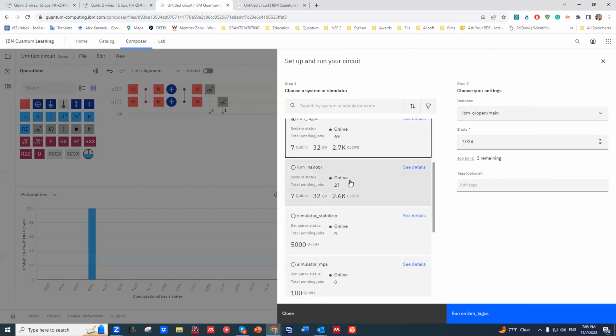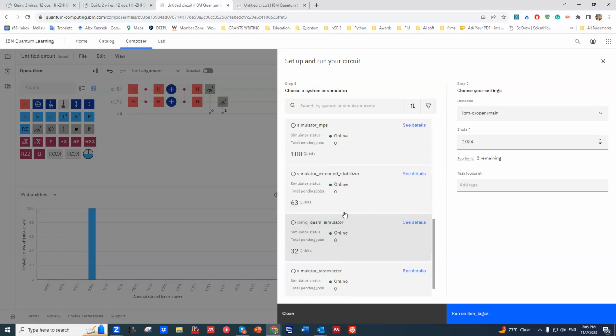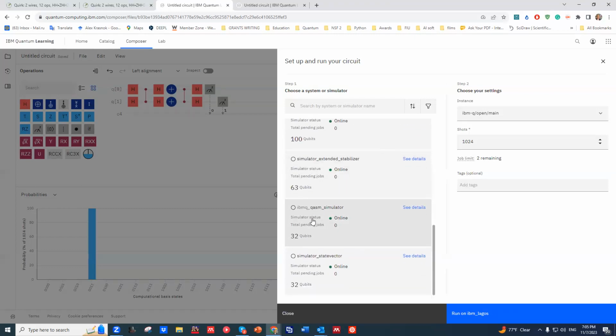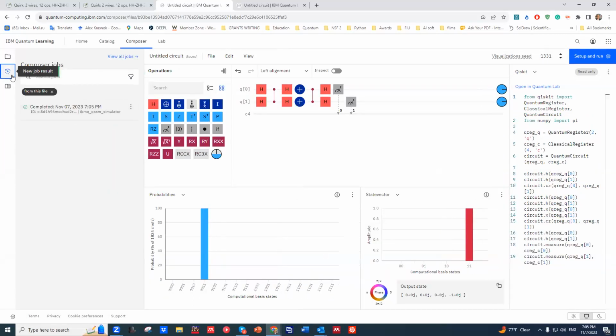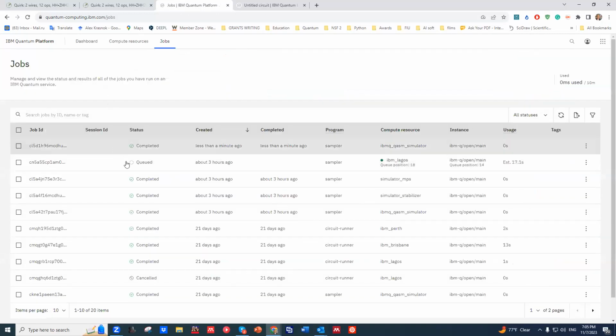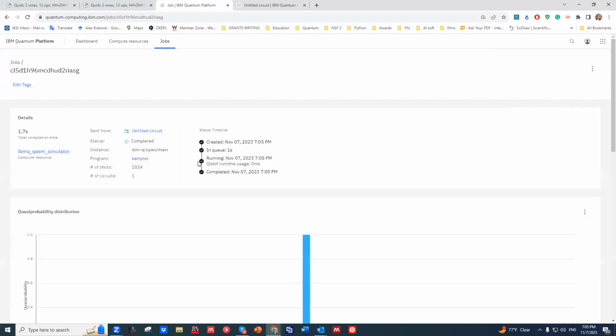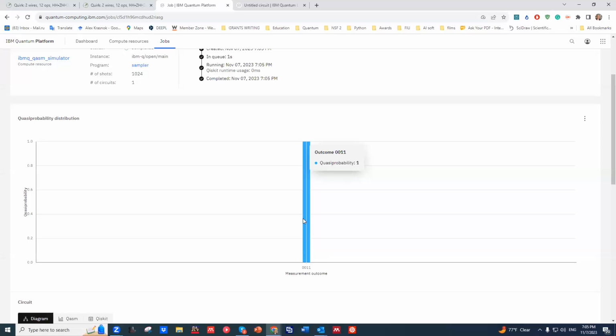For example, we can choose this custom simulator, like the one we used for classical simulations of the quantum circuits, and run the simulation. And after it's run, the result appears in the jobs here. Okay, so this is the result of the simulation. Perfectly state 1-1.